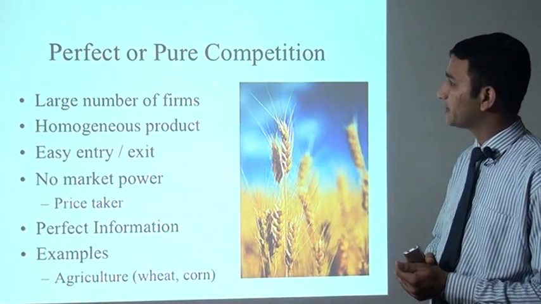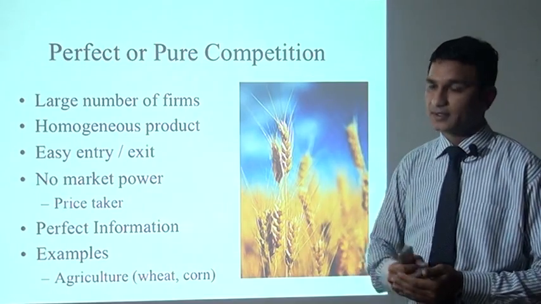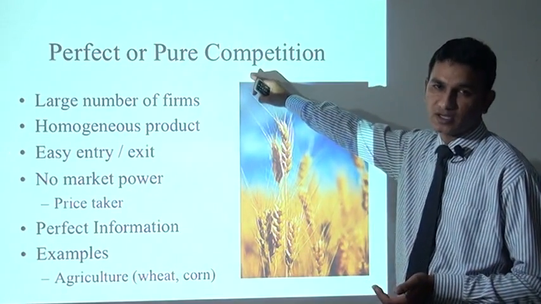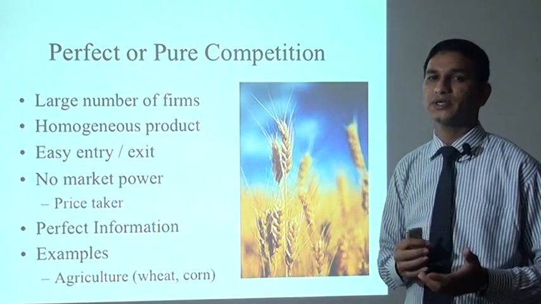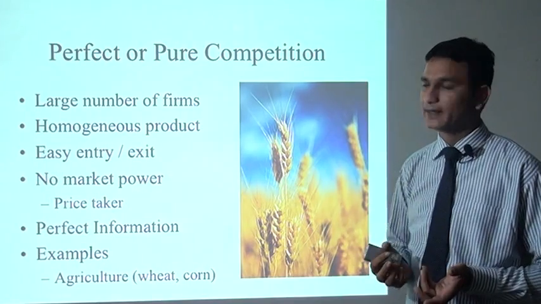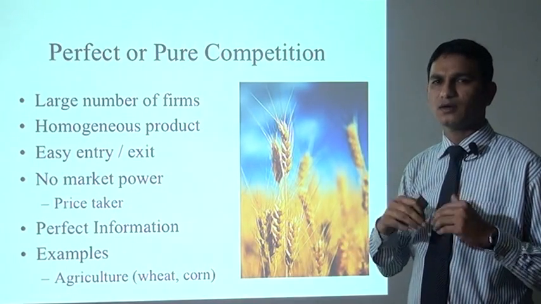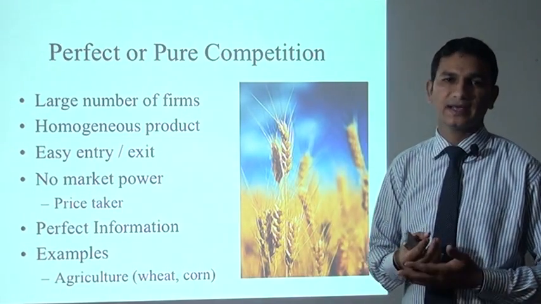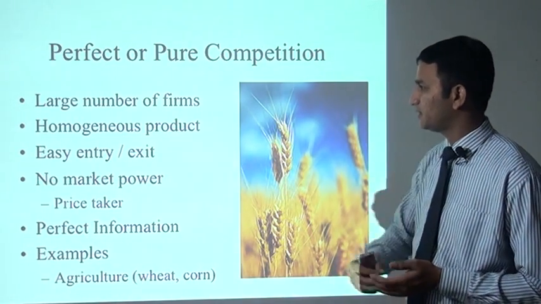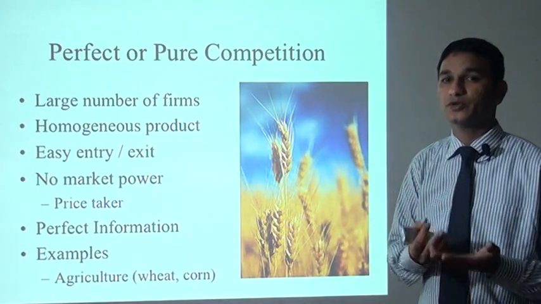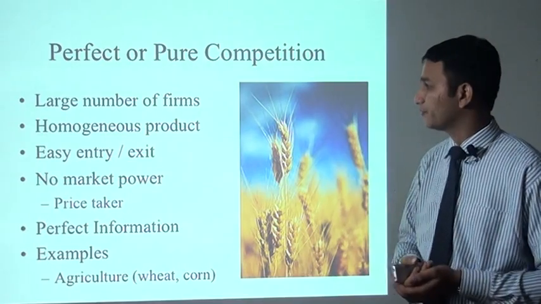First one is perfect or pure competition. The word itself suggests that pure competition means there is cutthroat competition in the market. There are many sellers and many buyers, and there is free entry. Anyone can start a business or anyone can exit from the business. Here there is a large number of firms producing and selling their product.